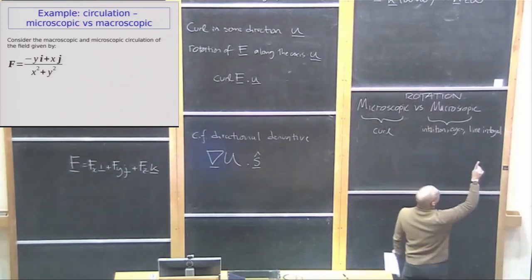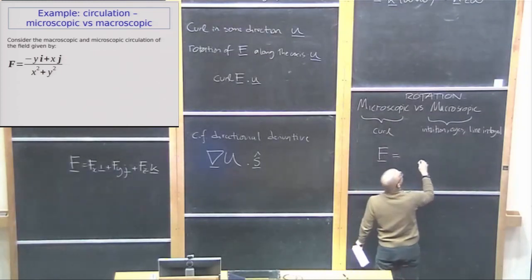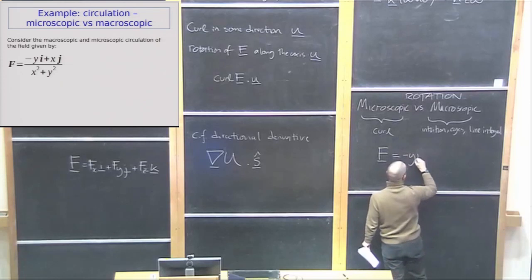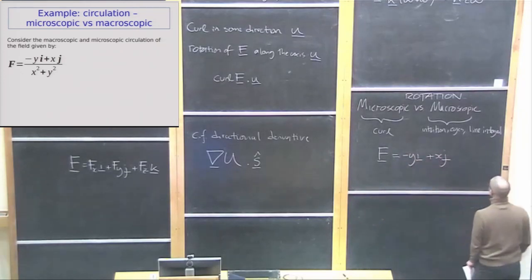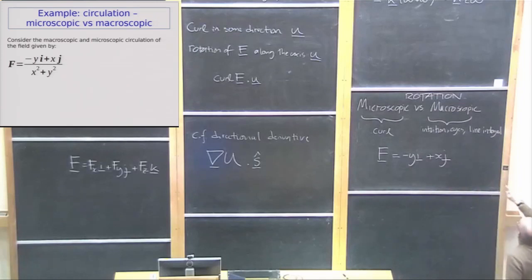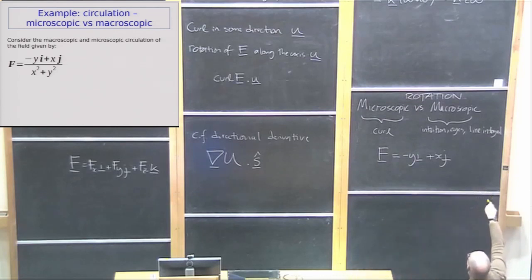Okay, so let me consider this vector field here. This vector field is minus y i plus x j. That's the top part of it. And let's just compare that for a moment to the vector field which we had up there for our solid body rotation.